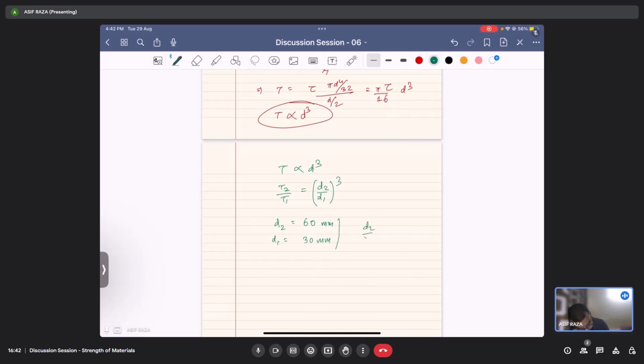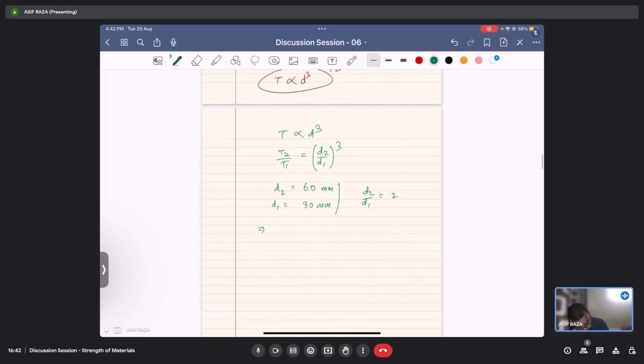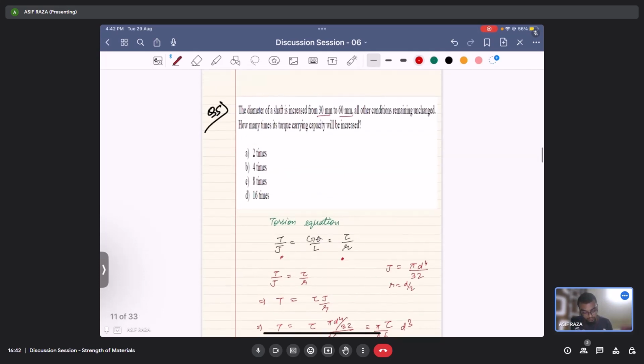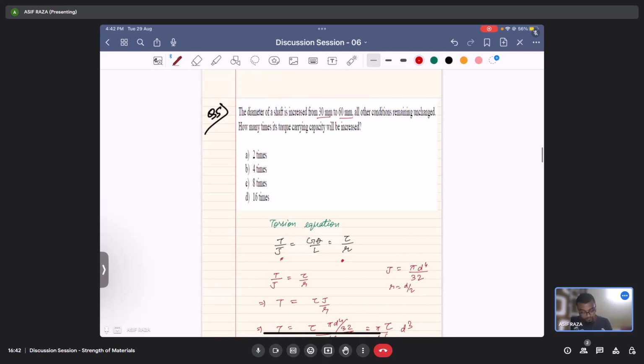So d2 by d1 is equal to 2, which implies T2 by T1 is equal to 8. So our torque carrying capacity will increase by 8 times. So the correct answer would be option C, 8 times.